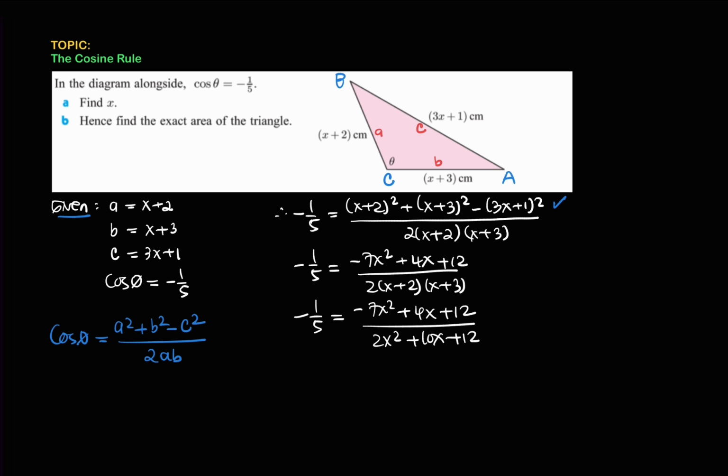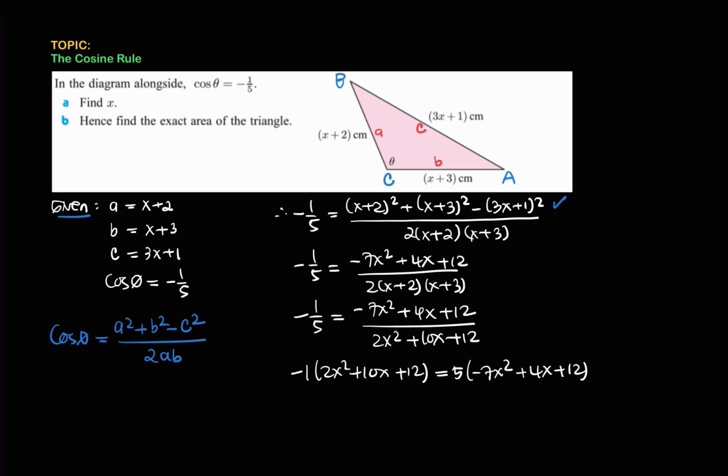So we can cross multiply: -1 times (2x squared plus 10x plus 12) equals 5 times (-7x squared plus 4x plus 12).